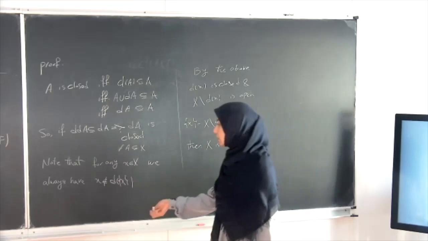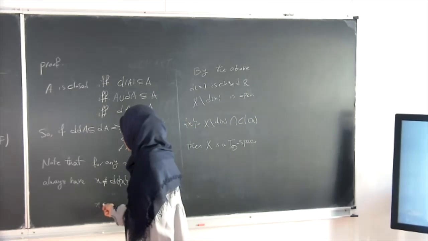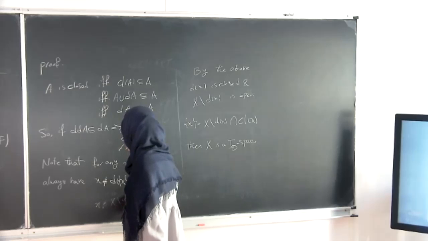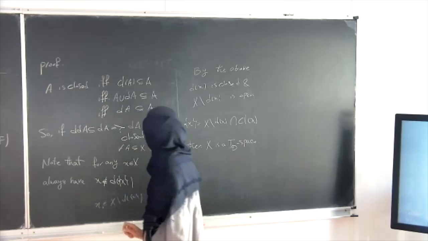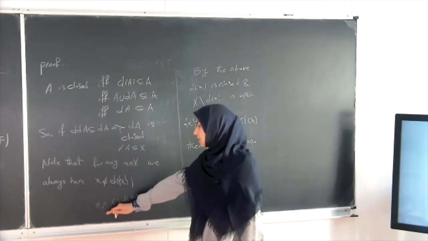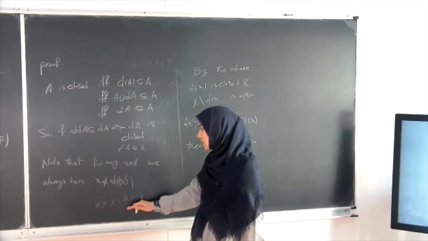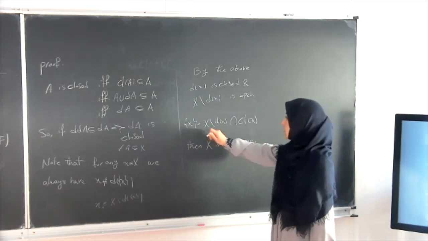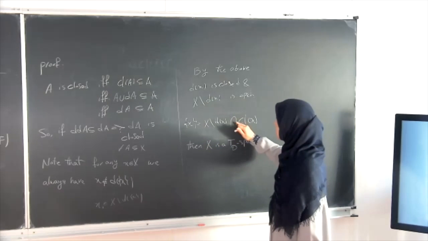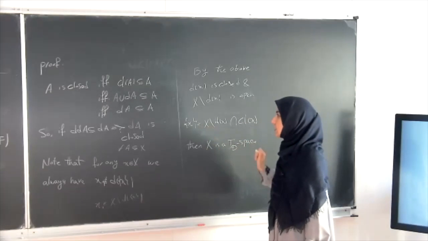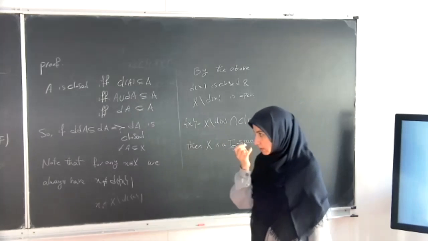So it means that x is in the complement of this set. And D of {x} is a closed set, so X minus D of {x} is an open set. And {x} is in this open set intersection with this closed set. So X is a TD space.